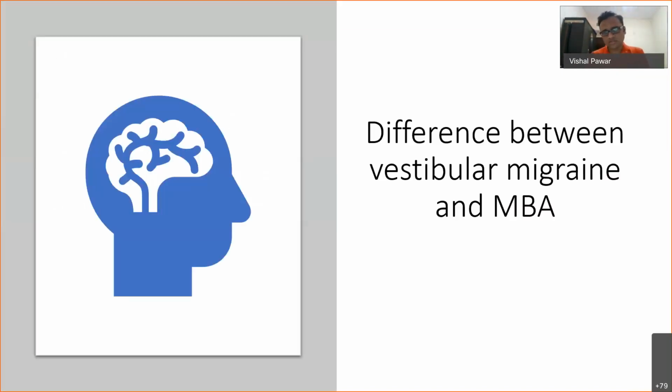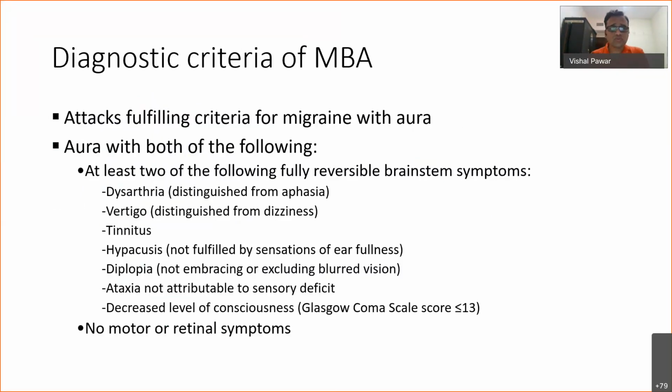Now I will come to the differences between vestibular migraine and migraine with brainstem aura, which was earlier known as basilar migraine. Coming to the diagnostic criteria of migraine with brainstem aura, the patient will fulfill the criteria for migraine with aura, and the aura has both of the following: at least two fully reversible brainstem symptoms, that is dysarthria, vertigo, tinnitus, hypacusis, diplopia, ataxia, and decreased level of consciousness.